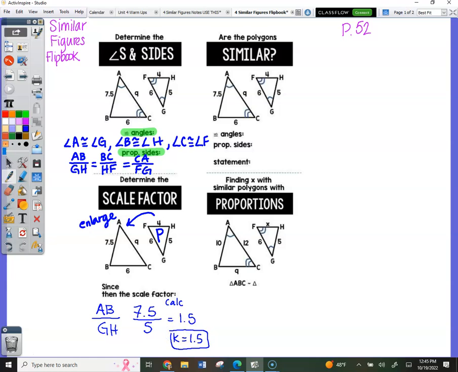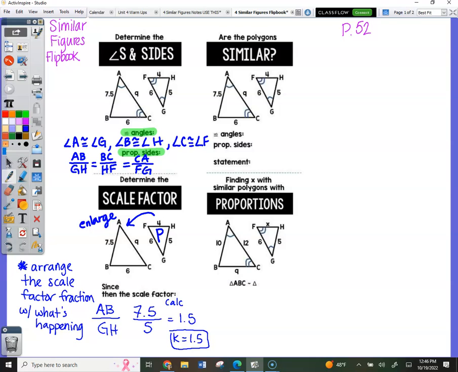Please put this somewhere on your notebook paper. Asterisk: arrange the scale factor fraction with what's happening.